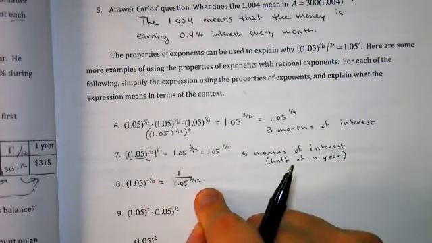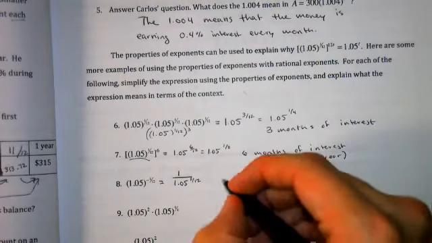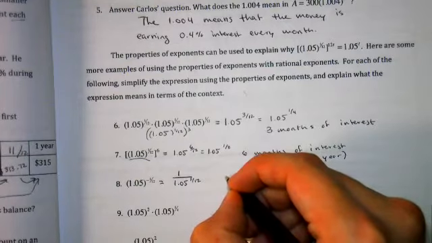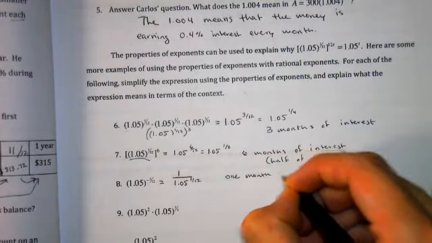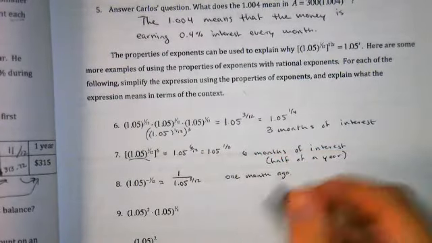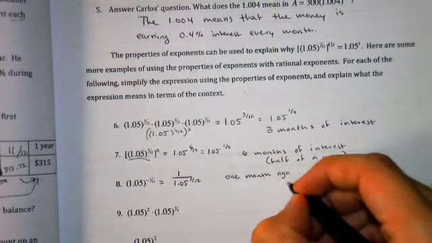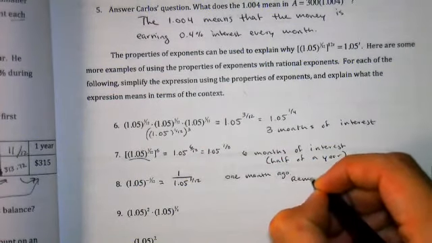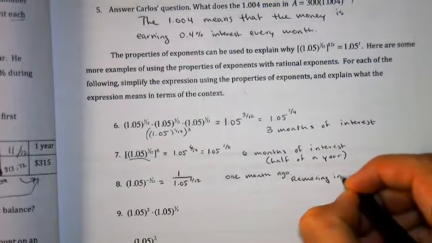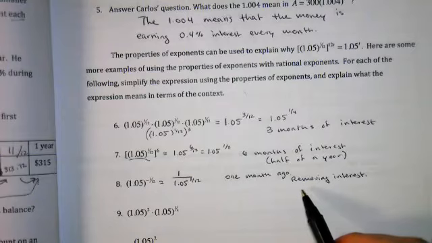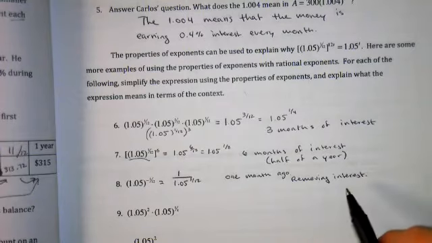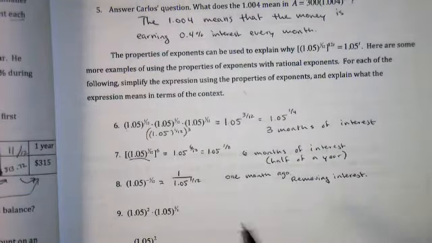So that's what you're dividing by, and this represents 1 month ago, going back, removing interest. So you're getting rid of interest. Instead of getting more interest, you're getting rid of money. You're going back a month.